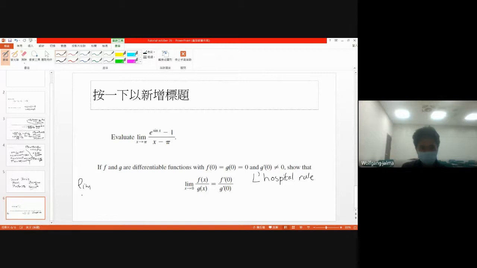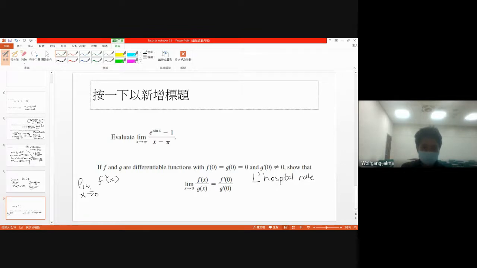Limit of x to 0, f of x over g of x. I do it from right to left because I think it's easier.